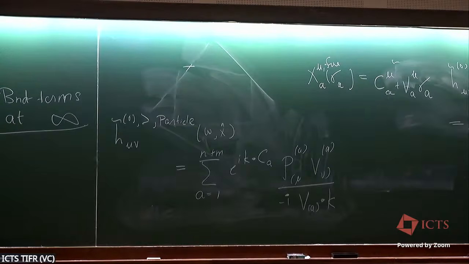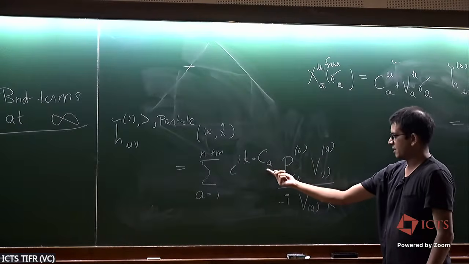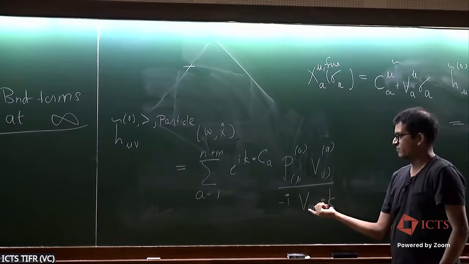Right? Is this clear? Because the e to the i k dot c_A comes out of the sigma integral, and the integral is from minus infinity to 0, and so that gives us just this factor.